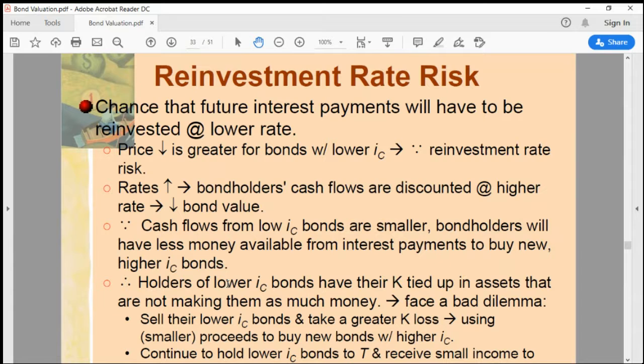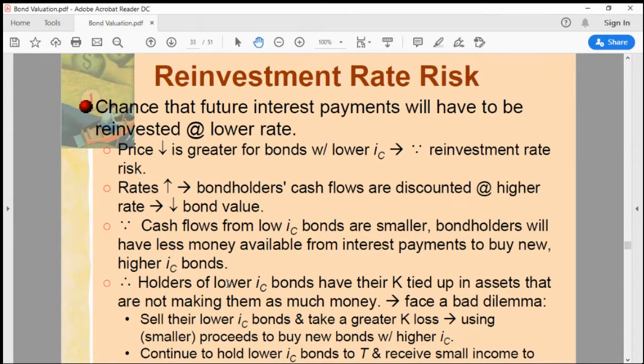But then the coupon payment is small, and with a higher discount rate, your bond valuation goes down, including the smaller coupon value, right? So you have less money. If you sell these bonds now, you have less money available, right?